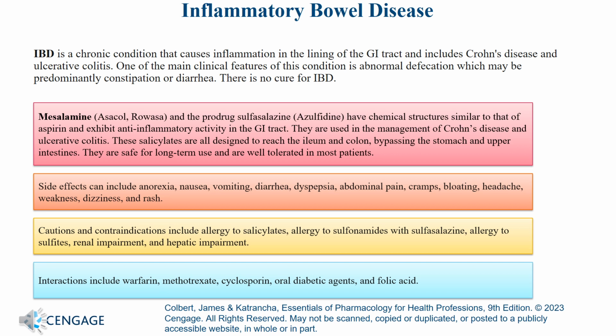These salicylates are also designed to reach the ileum and the colon, which helps bypass the stomach and upper intestines. They are safe for long-term use and are well tolerated in most patients. Look at your side effects that you see on the screen, your cautions and contraindications, and look at the interactions with the other medications.